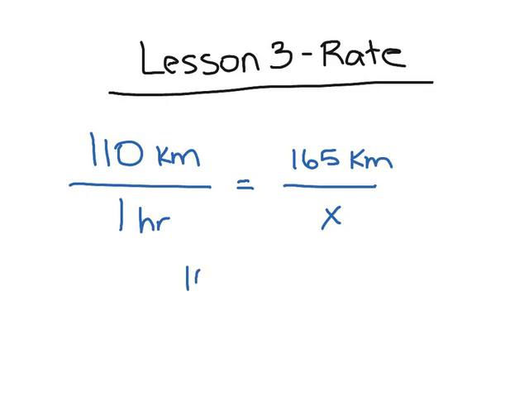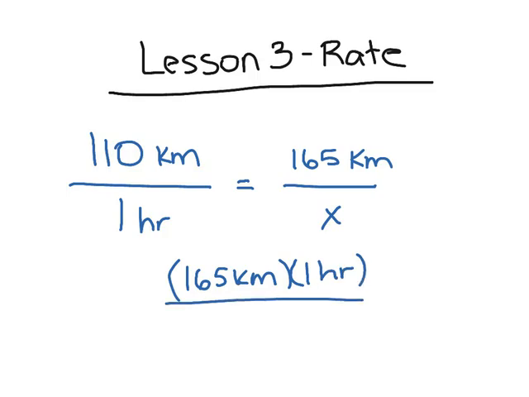So we go 165 kilometers times 1 hour divided by 110 kilometers. Our kilometers cancel out. And when we multiply this out, 165 times 1 divided by 110, we get 1.5 hours equals x. So you'll drive for 1.5 hours to go 165 kilometers.